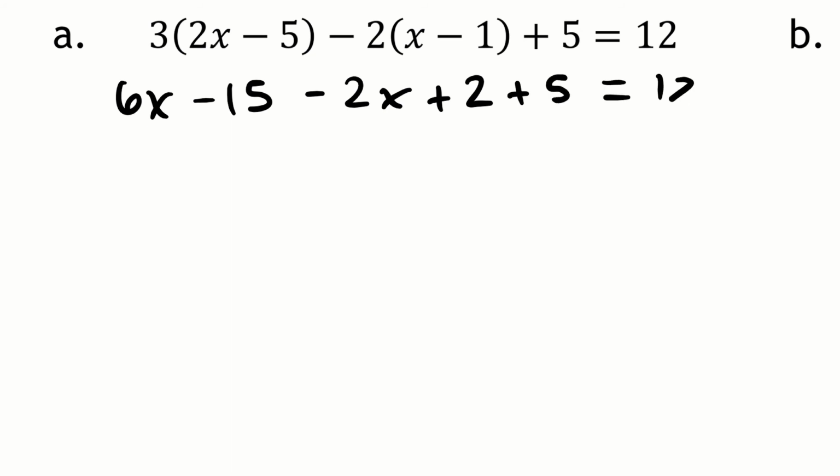And over on the other side that equals 12. So what I'm claiming is that this negative 2x plus 2 is the same as the thing that was above here, right? And I'm also claiming that this 6 times x minus 15 is the same as 3 times the quantity of 2x minus 5.